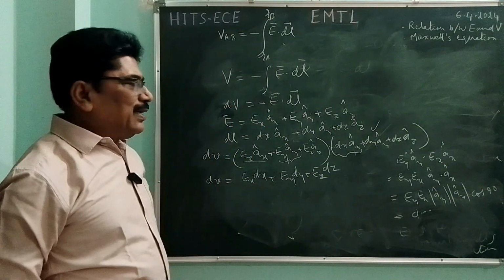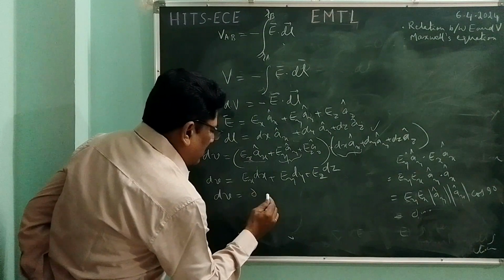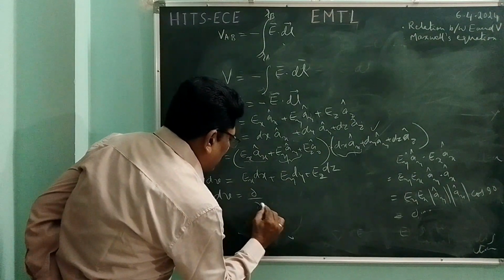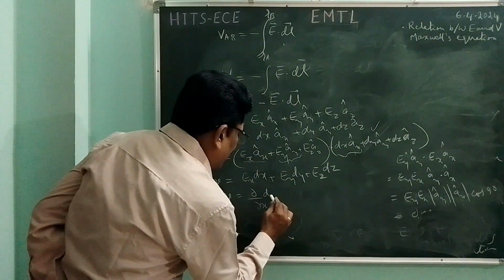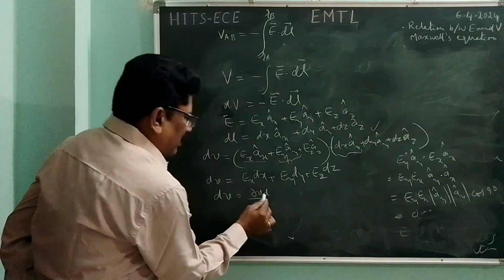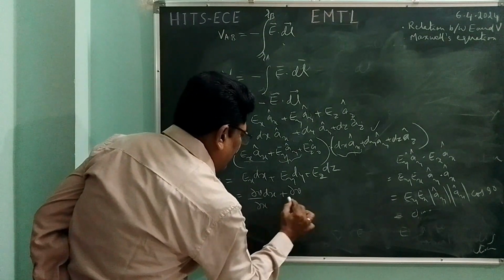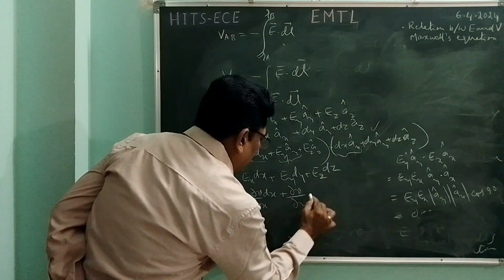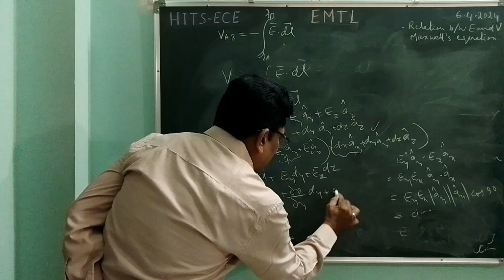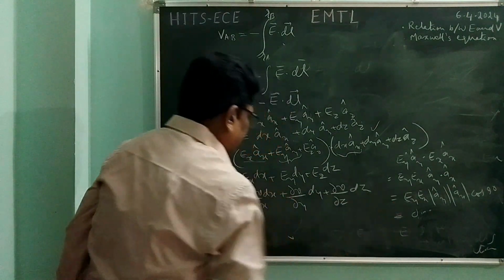From the calculus of multivariables, dV is equal to del V by del x into dx plus del V by del y into dy plus del V by del z into dz.